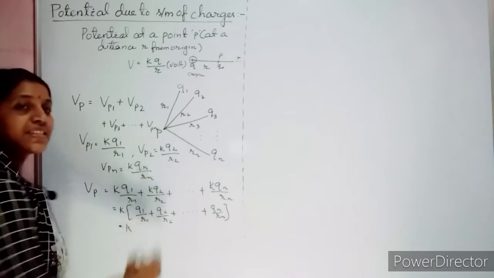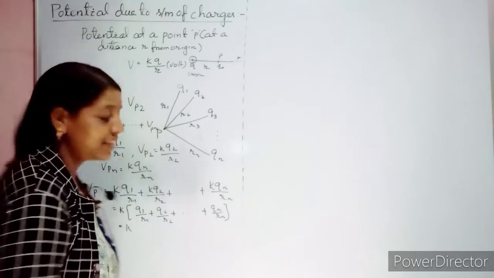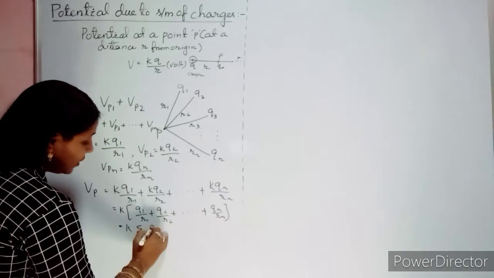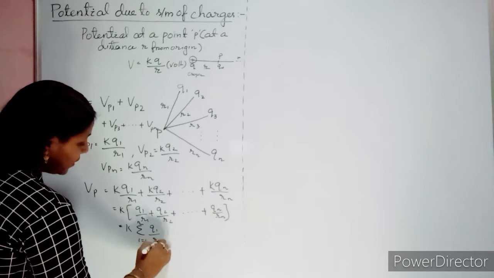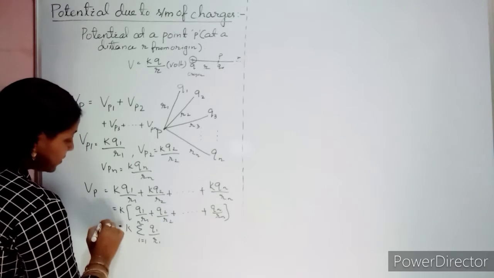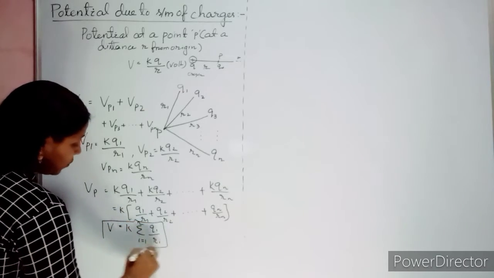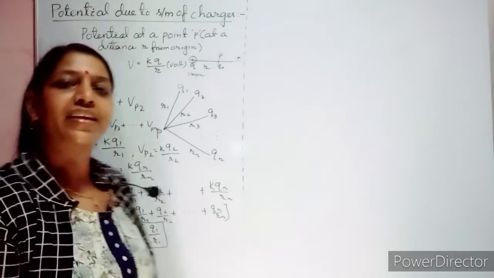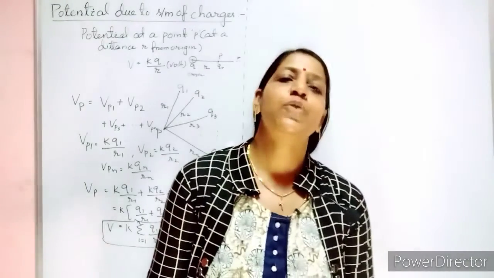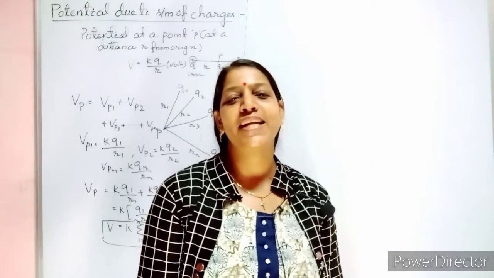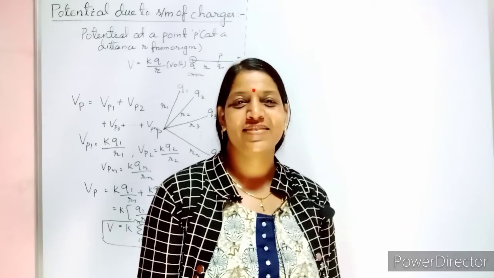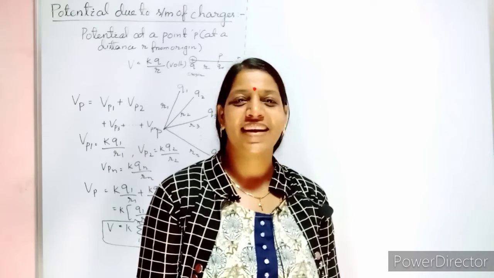Now you can express this in terms of summation. Then you will write: summation i equal to 1 to n, Qi divided by Ri. This is the formula to find the net electric potential due to a system of charges, or due to a multiple number of charges. I hope you get the clarity.